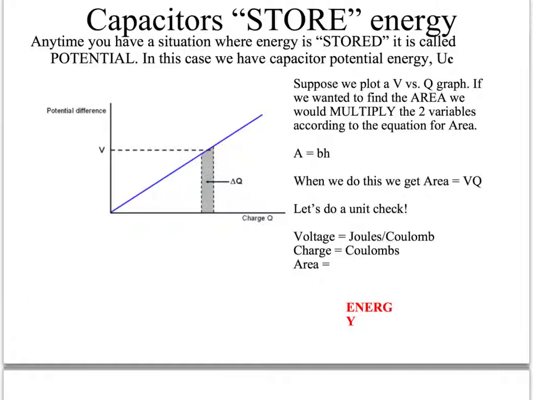The unit for charge is coulombs. When we multiply these, the coulombs from the charge is on top, the coulombs from the voltage is on bottom, therefore they would cancel out. And that would leave us with joules. And we know that joules in every situation is the unit for energy.